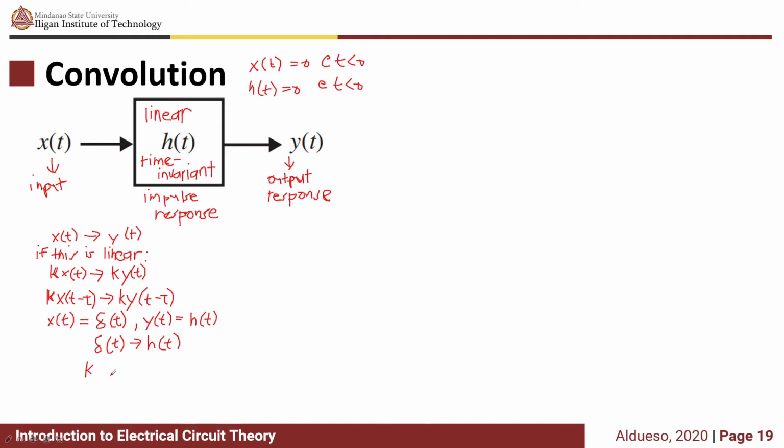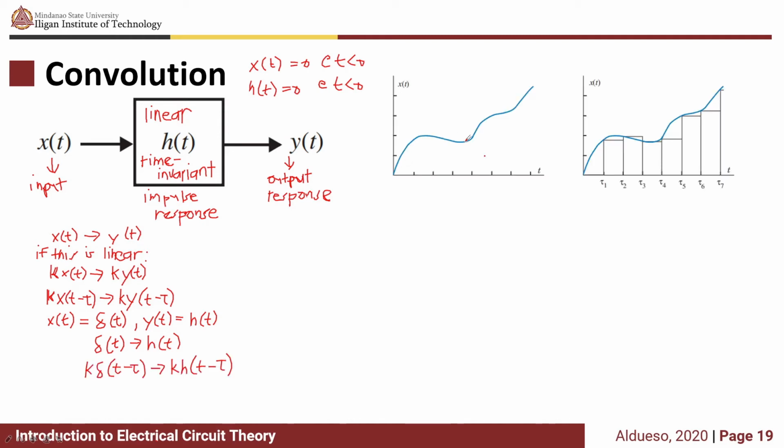So using the linear properties, assuming an input waveform x of t, we have the approximation of x of t using pulses. We have a series of pulses that have equal widths, where tau i plus 1 is equal to tau i plus delta tau.